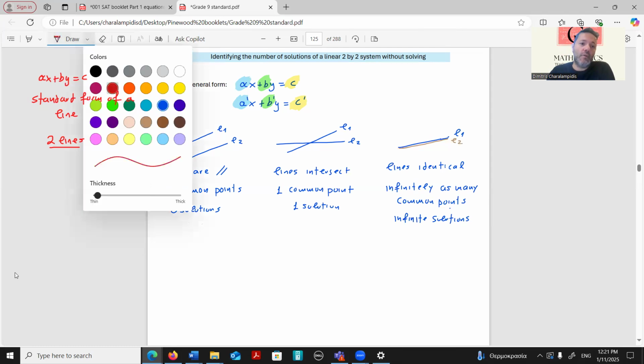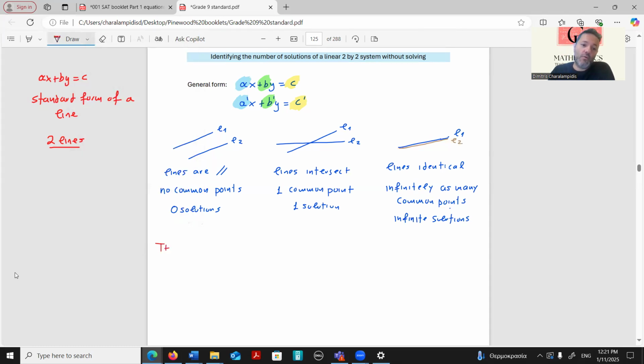And from theory, we know that if a over a prime is equal to b over b prime and is also equal to c over c prime, we have infinitely many solutions.